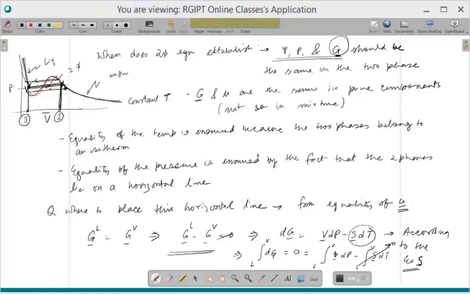Then the dT term goes to 0, and I get that the integral of v bar dP along this curve is 0.